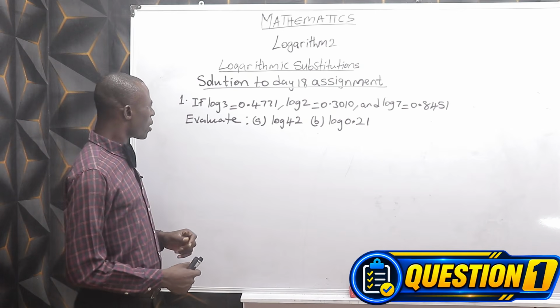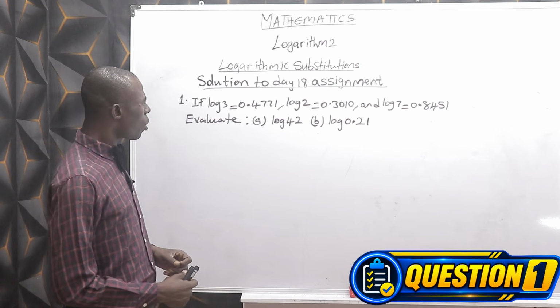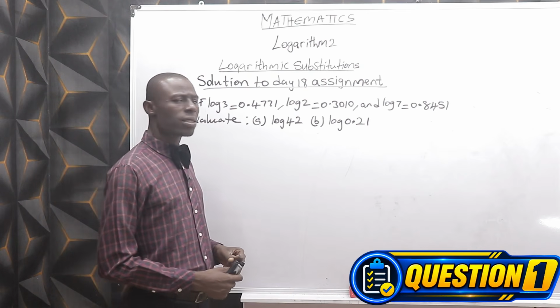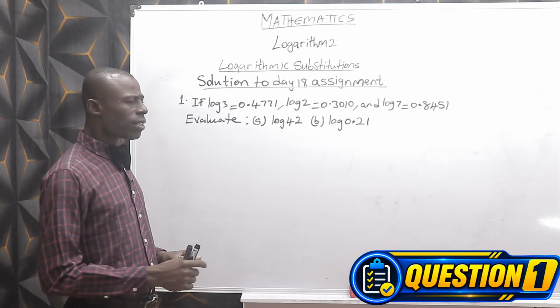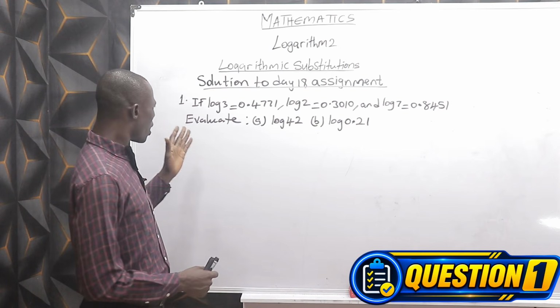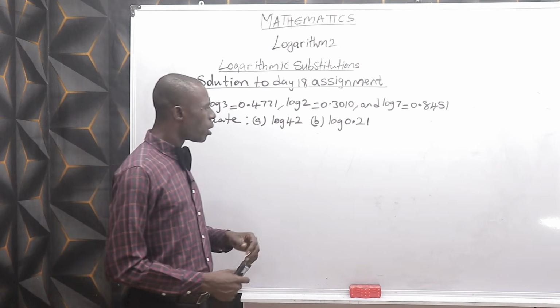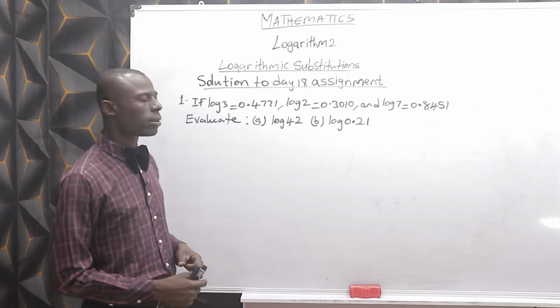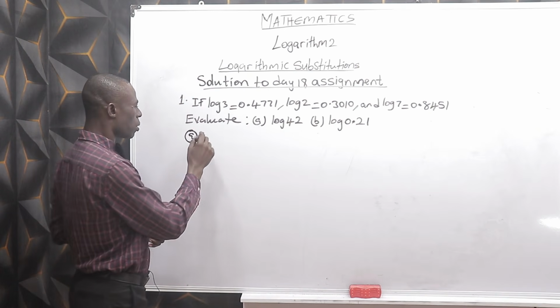If log 3 equals 0.4771, log 2 equals 0.3010, and log 7 equals 0.8451, evaluate A. Log 42, B. Log 0.21. Question A to start with.